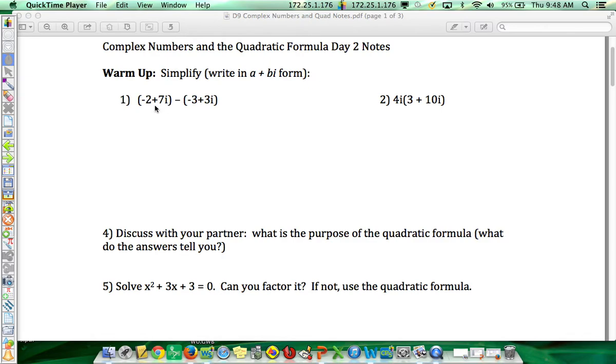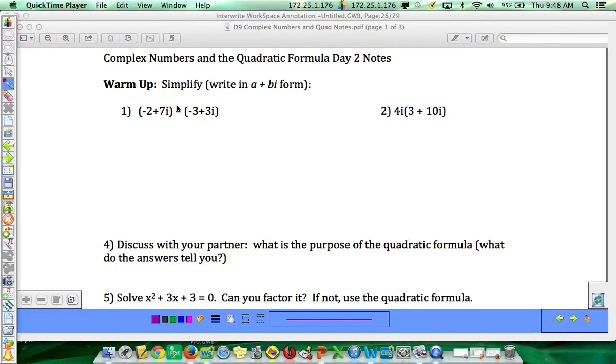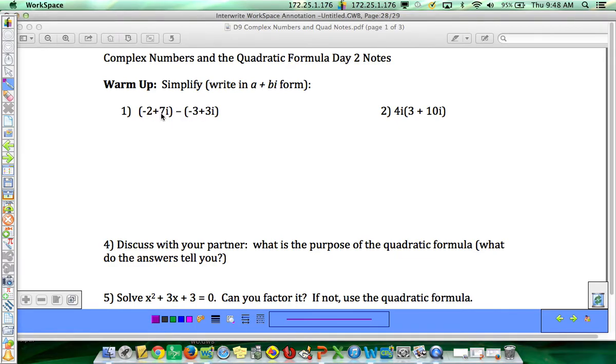Remember in the first one, when you are simplifying, you want to make sure you combine the like parts of the complex number. So first, since you're subtracting two complex numbers, remember that you want to subtract both terms of the second number. So you've got to distribute that negative sign to both.